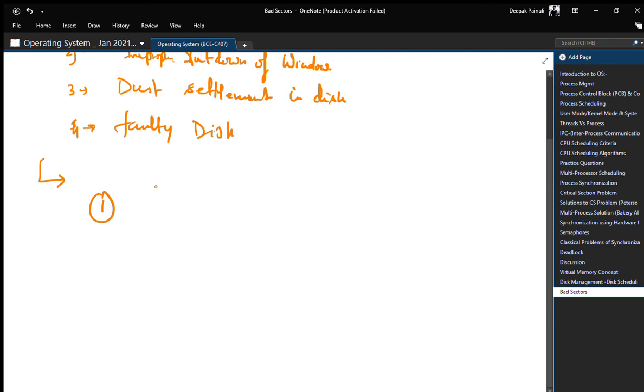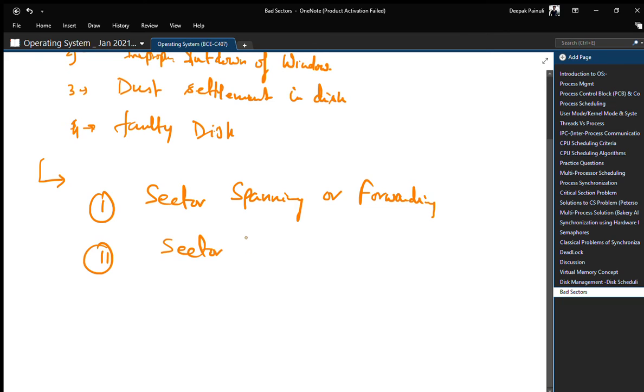One is sector sparing, or forwarding. The second technique, for avoiding reading from the bad sectors by the head, is sector slipping, or swapping.